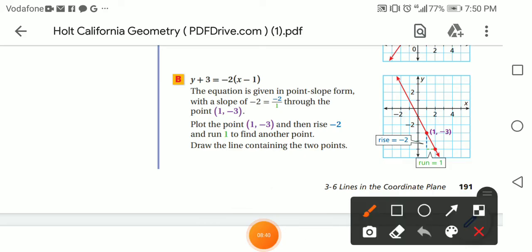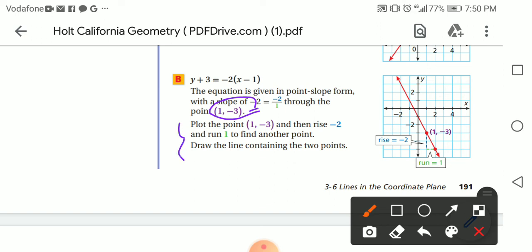Okay, returning back to the book. When the slope is negative 2, this means it's negative 2 over 1, of course. So I have here rise over run, through the point 1 and negative 3, the point that I have known from the rule. These are the steps I should follow.